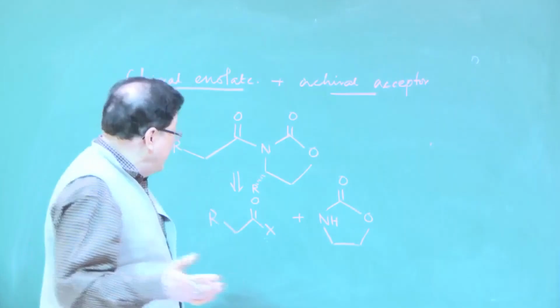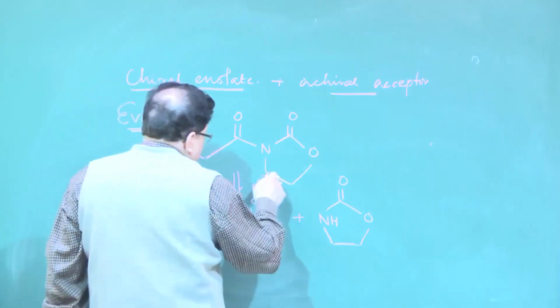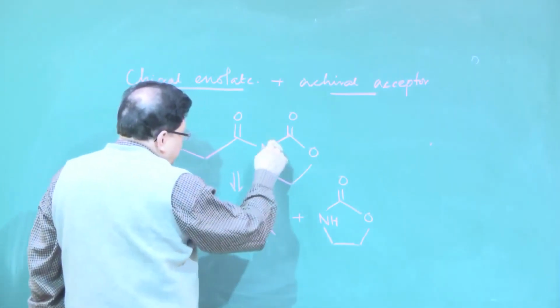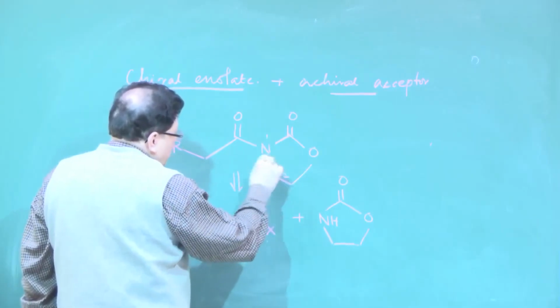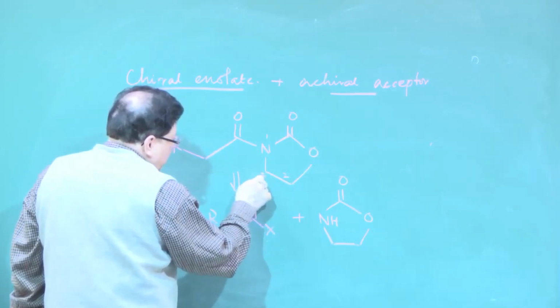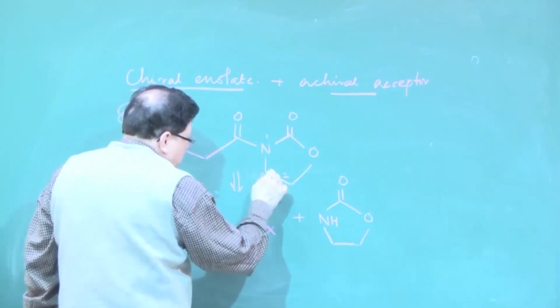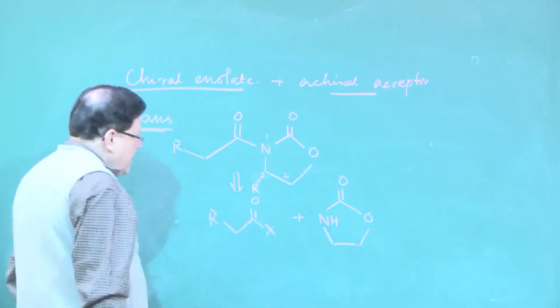If you want to make it an L compound, then you have to see whether the R group is alpha or beta. If this is 1, that is 2, and that is 3. So, 1, 2, 3. So, yeah, this is right. So, that is your L compound. So, the starting source is an L amino acid.